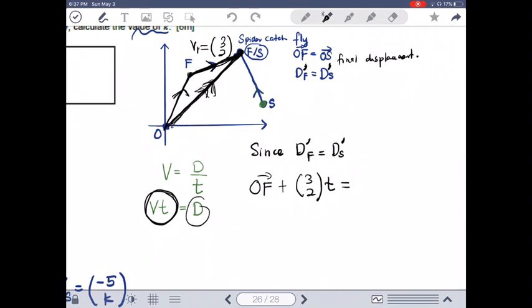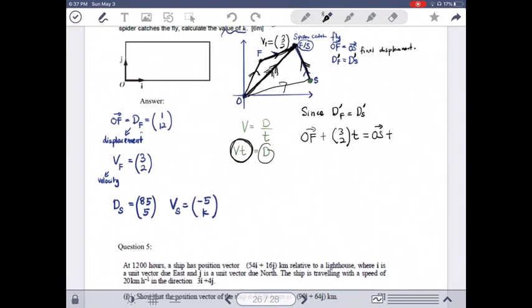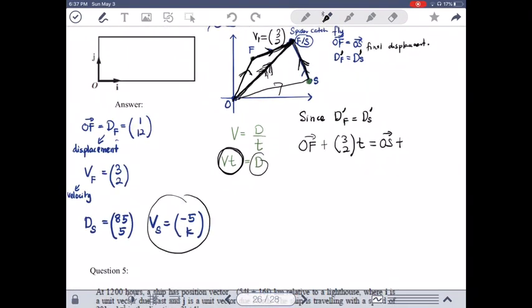Now, for ds, again, the final displacement of the spider equals the initial displacement of the spider, which is OS, plus this displacement vector. But we do not have that displacement vector. Instead, we have negative 5k in terms of the velocity of the spider.